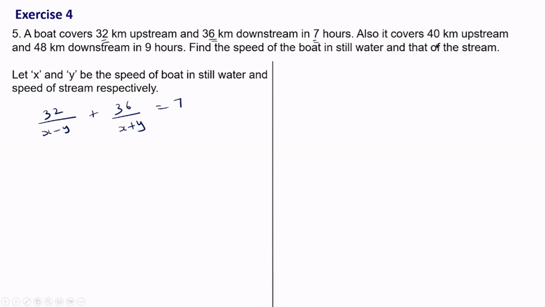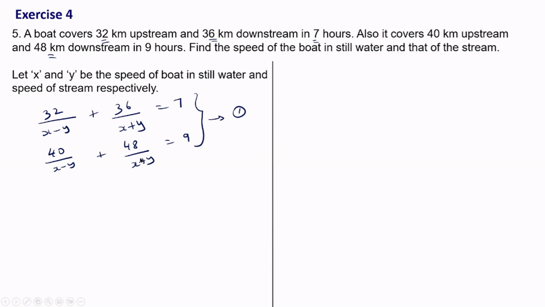Similarly here the time taken to cover 40 km upstream is 40 upon x minus y and time taken to cover 48 km downstream is 48 upon x plus y. This total time is equal to 9. So let us take this as the first equation. So if we solve these two equations, we can find x and y.